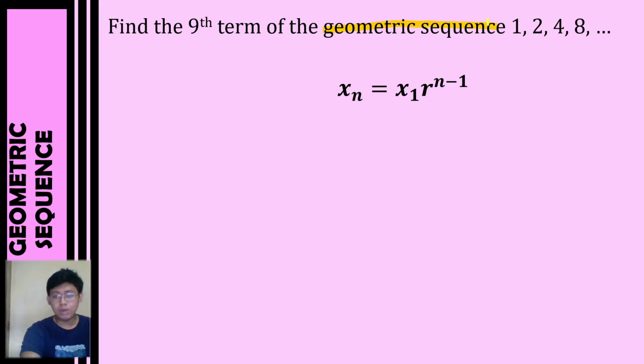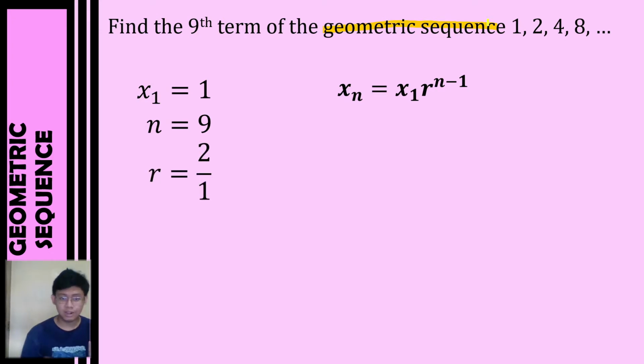We need to identify the following givens: our first term, which is 1, our value of n, which is 9, because we're looking for the ninth term, and our common ratio, which is r.